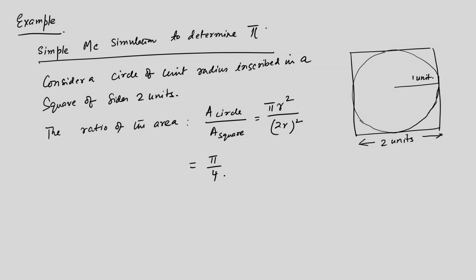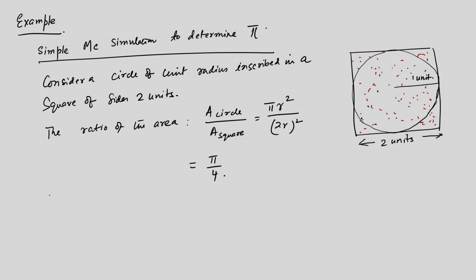Now, you use a trial and error of throwing dots on this square. Okay. So, let us draw the dots with a red ink. So, you throw a very large number of dots and keep track of those dots that are being thrown here. Okay. So, count the number of dots.